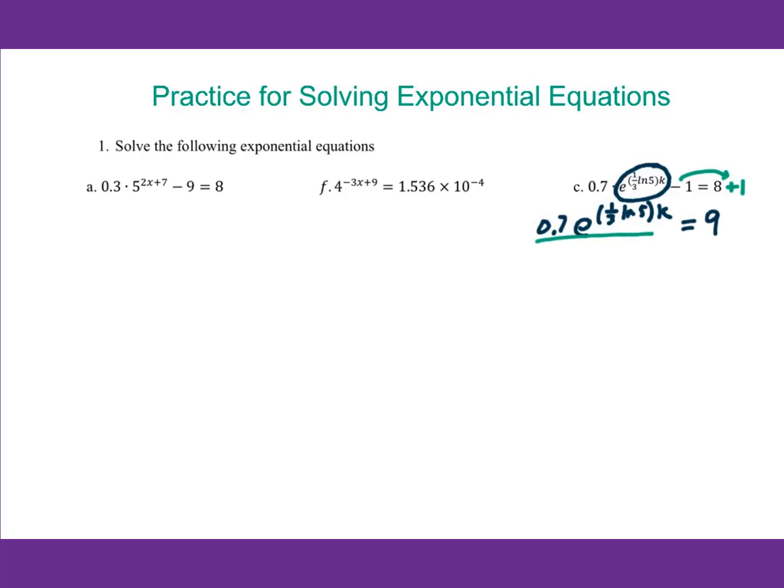Then we divide by 0.7 on both sides. You will get e^((1/3)ln(5)k) equals 9 over 0.7.